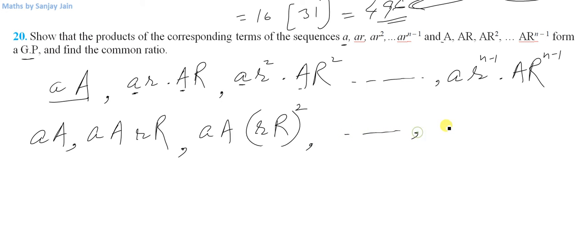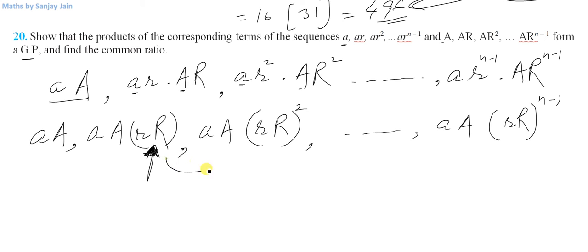And from the nth term, you can write it like this: R into R raised to power n minus 1. So as we can see, there is a common ratio. If I multiply each term with this common ratio, R into R, I will get the next number. That is a GP, right? So the common ratio is small r into capital R.